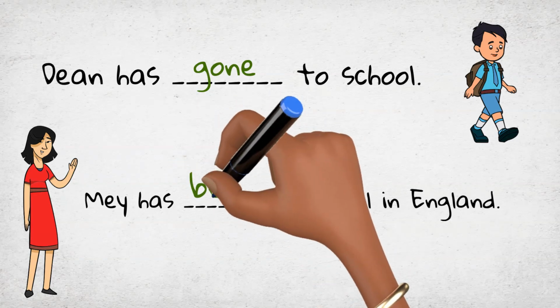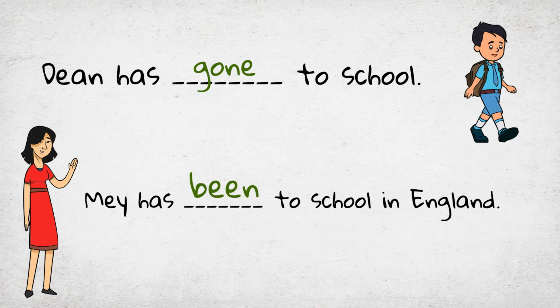Dean has gone to school and May has been to school in England. So where's the difference between gone and been? I've made a video especially on gone and been. So if you want to know more about the use of gone and been, and understand why we use one and the other, I will refer you back to that video. I've made one just for that.